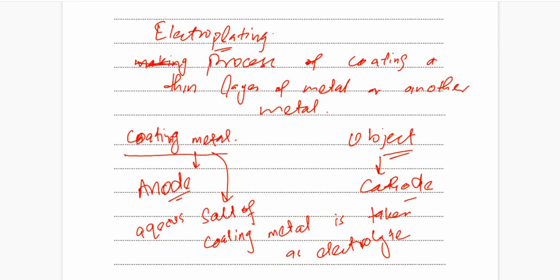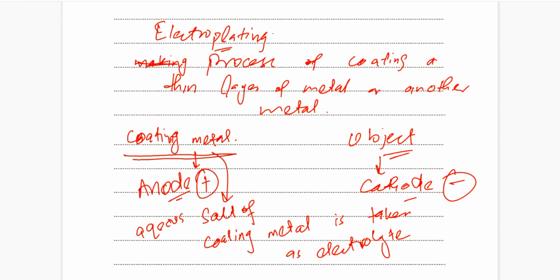So the coating metal, which has to be electroplated, is taken as the anode, positive. The object which has to be coated is taken as the cathode, negative. And the aqueous salt of the coating metal is taken as electrolyte.